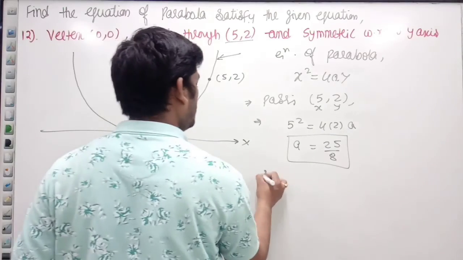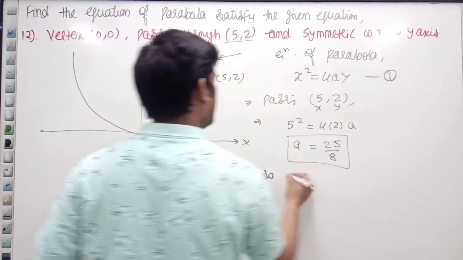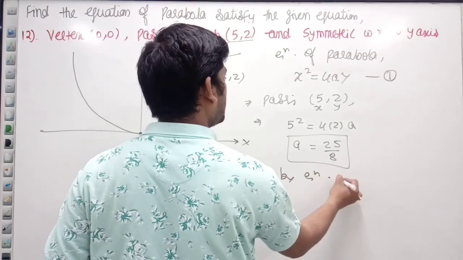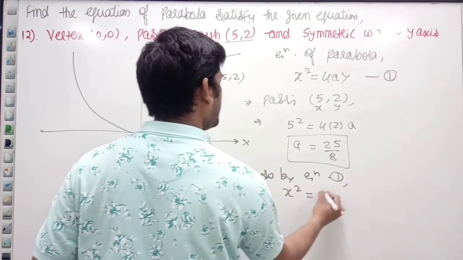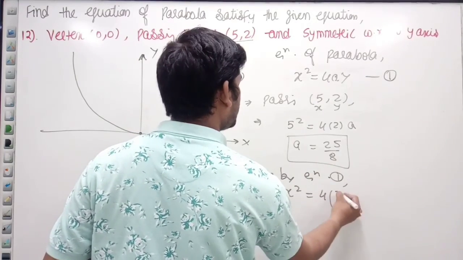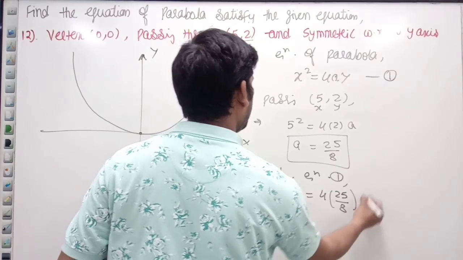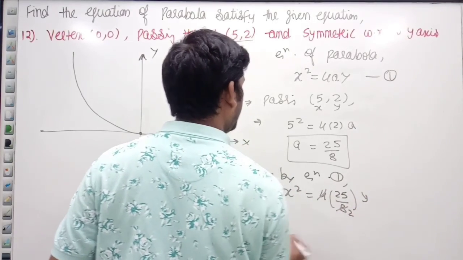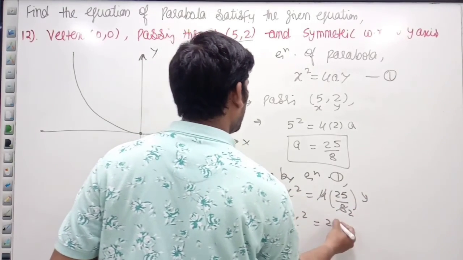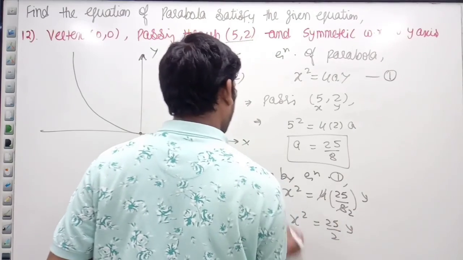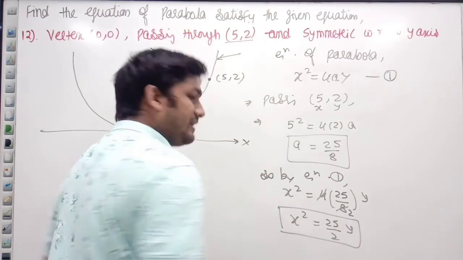So this is equation number 1. By equation number 1, x square equal to 4a, where a is 25 by 8, into y, 4 into 25 by 8, x square equal to 25 by 2 y, and this is the answer.